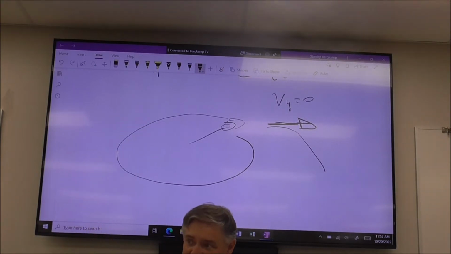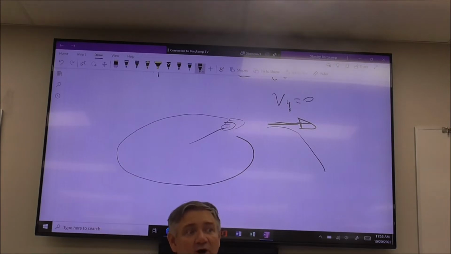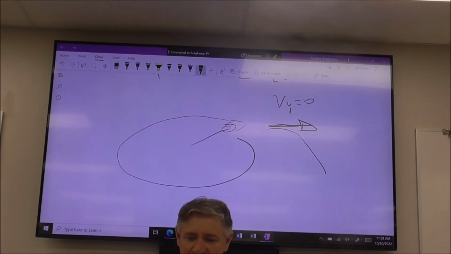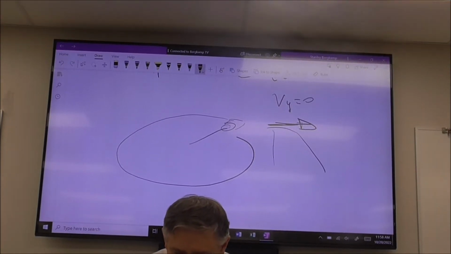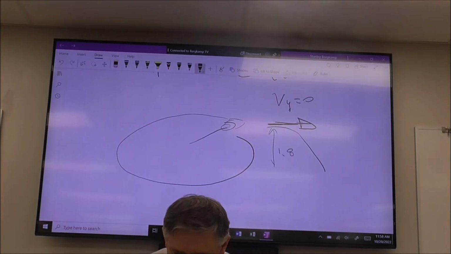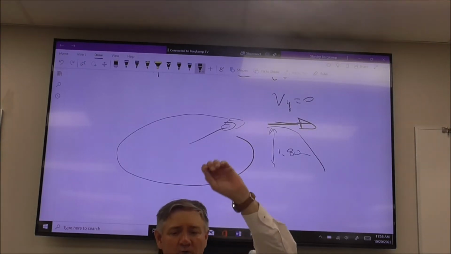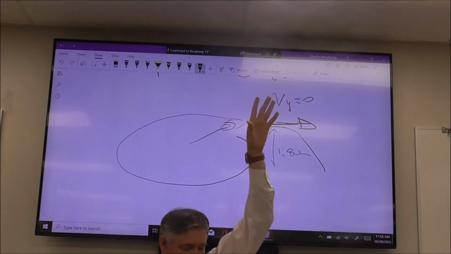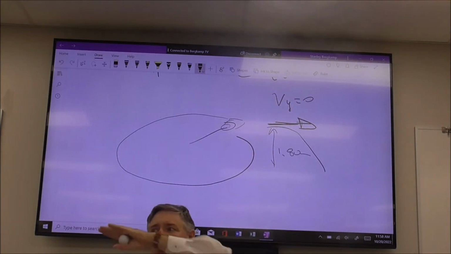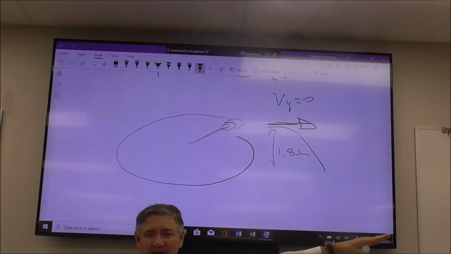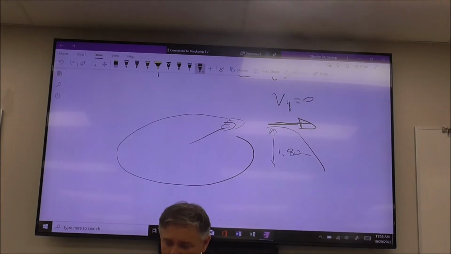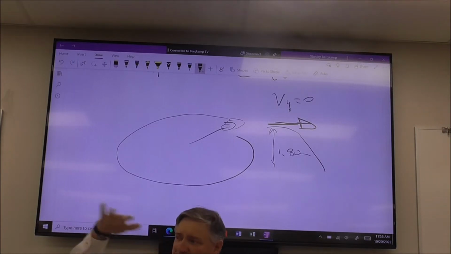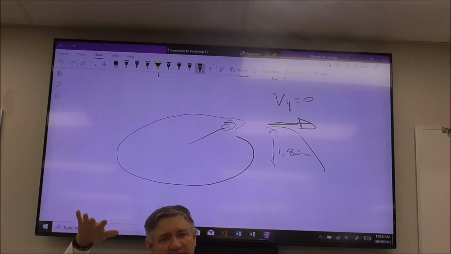But that's your vertical distance, because what happens in the y stays in the y, what happens in the x stays in the x. So you're told that it's 1.8 meters above the ground. Whether I just drop that rubber stopper and have it fall straight down, or if I throw it out, doesn't make any difference. The gravity mafia could care less about Vx because it doesn't have any influence on it.